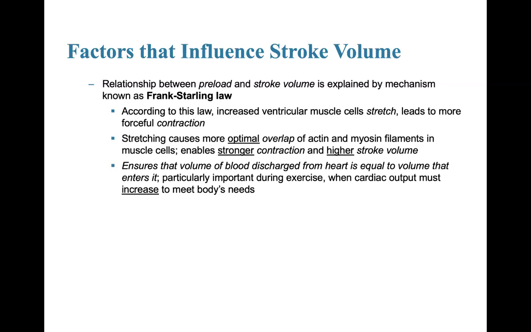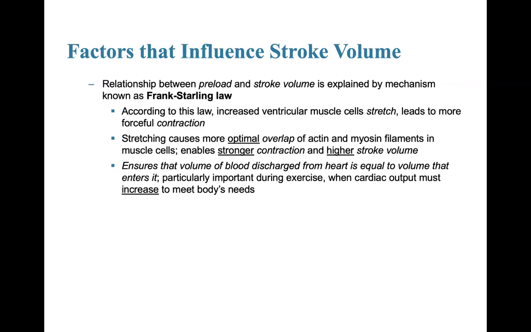The relationship between preload and stroke volume is explained by the mechanism known as the Starling Law. According to this law, increased ventricular muscle cell stretch leads to more forceful contractions. Stretching causes more optimal overlap of actin and myosin filaments in the muscle cells.